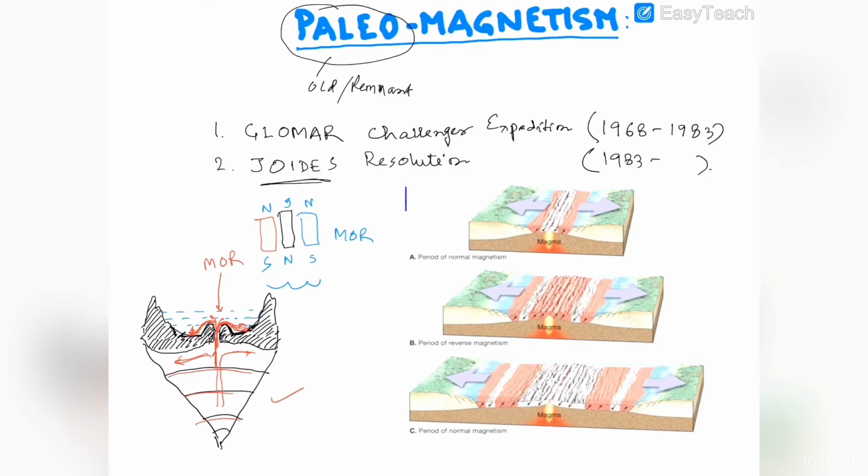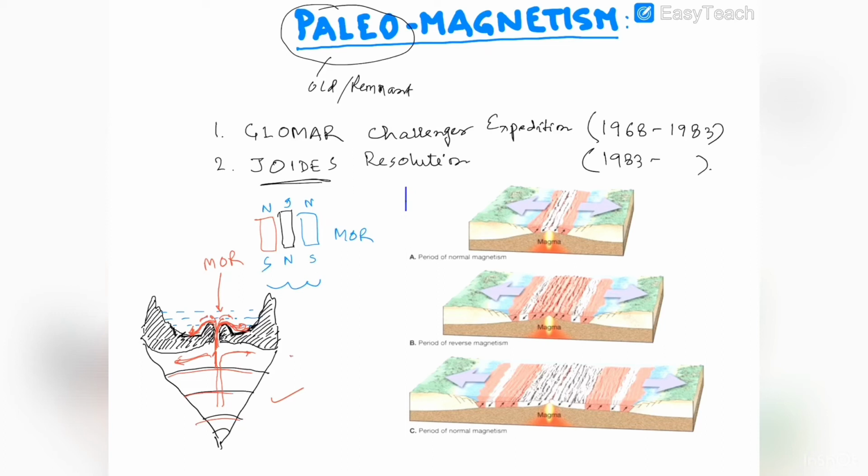Now after another billion years, some new magma came up and that will record the next type of magnetism, because maybe by then the north and south magnetic poles have changed their location. So you understand, the respective lava flow will keep on recording the then geomagnetism of the Earth.